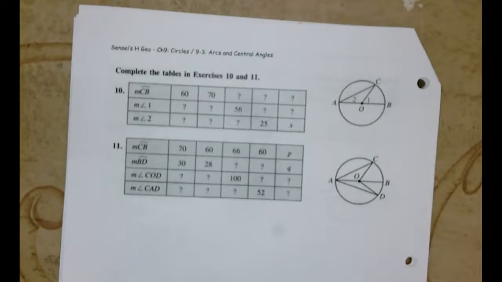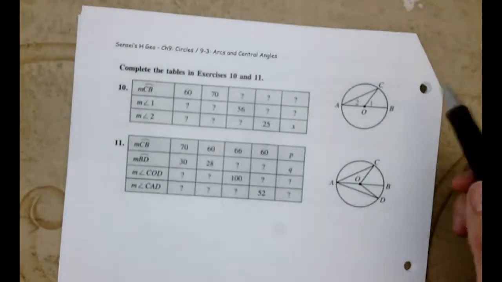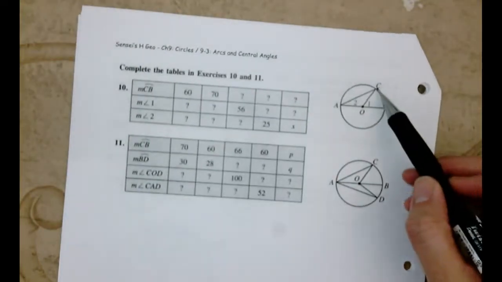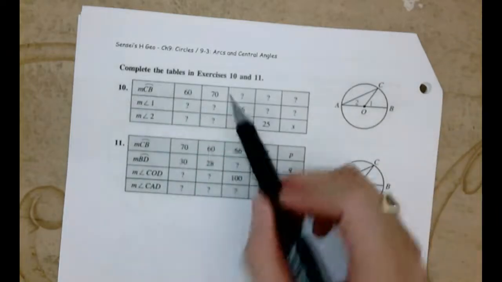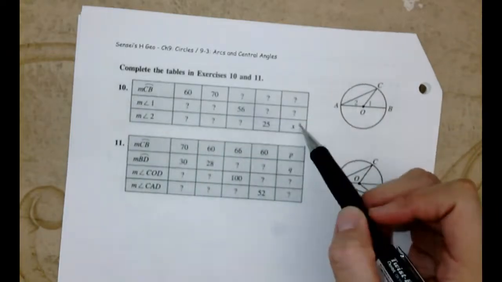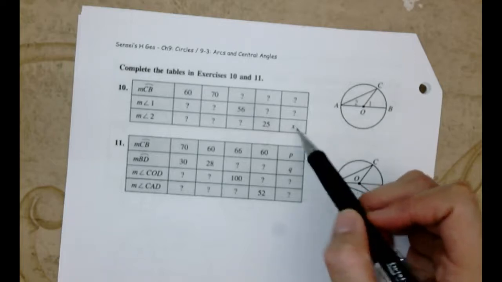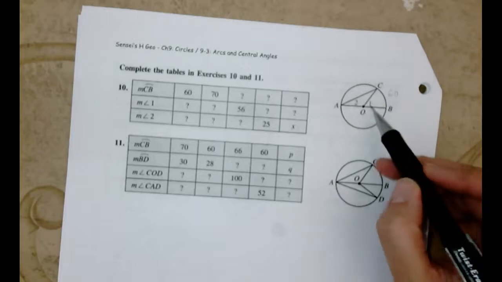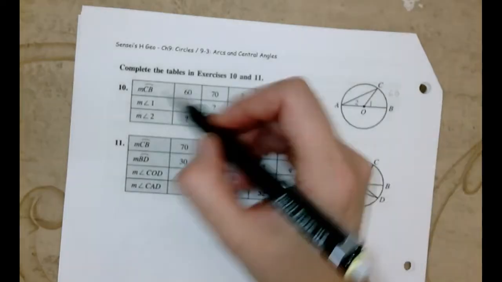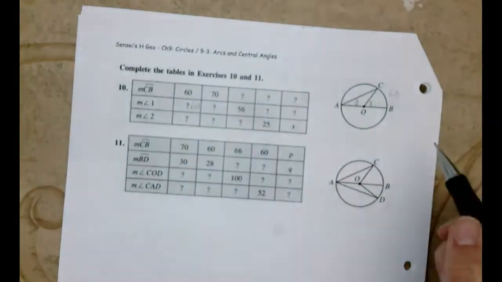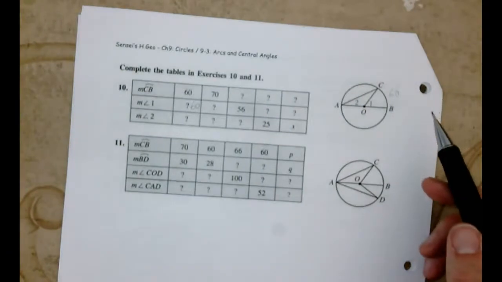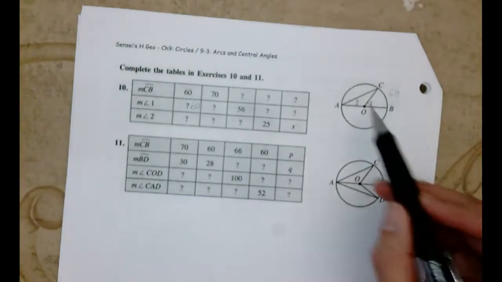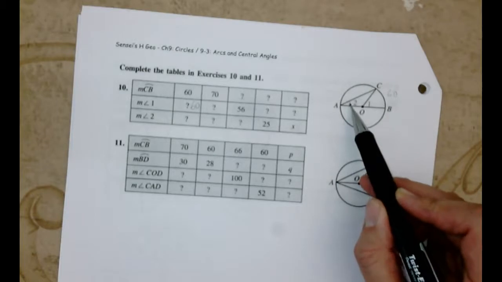All right, so if the measure of arc C, let's do this one. And let's do a couple of these. It's all question mark, oh, because this is X. If this is 60, what is 1? 1 is 60. And is 2 divided into here? Yeah.